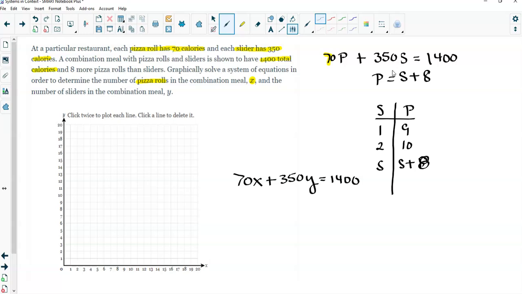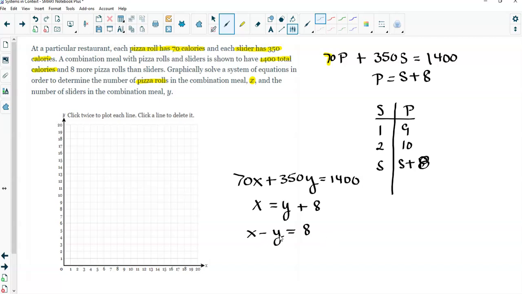And then we have X equals Y plus 8. Okay, so let's take a look at that. Now, if I put this in standard form, it would say X minus Y equals 8. See, so now it's in standard form.